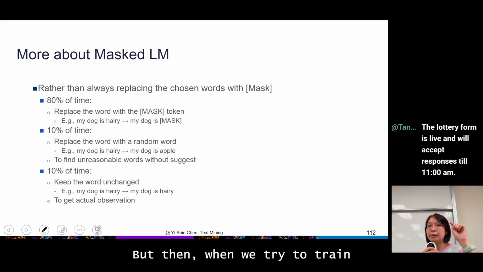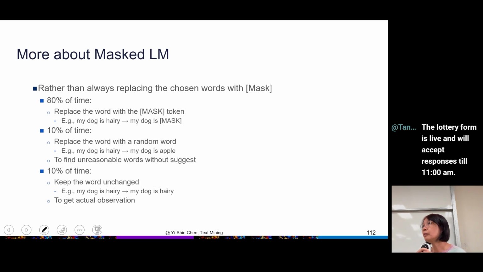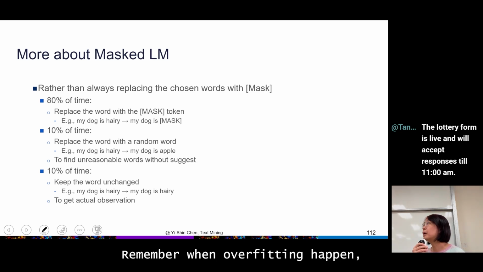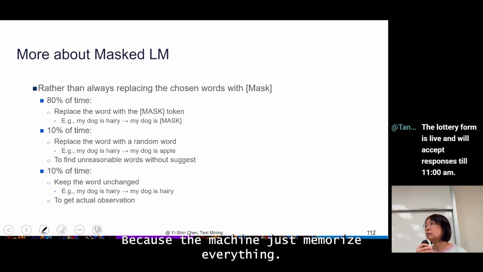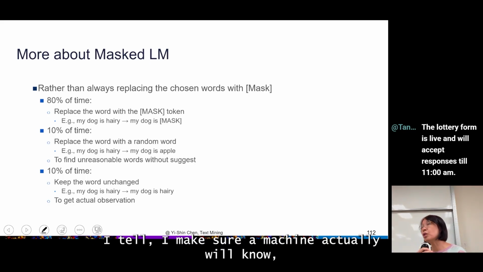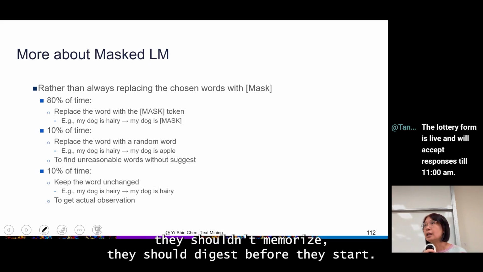But when we try to train the language model, we find out something. Do you remember the problem of overfitting? Why does overfitting happen? Because the machine just memorized everything. So right now, what they did is make sure the machine does not just memorize; it should digest before it learns.